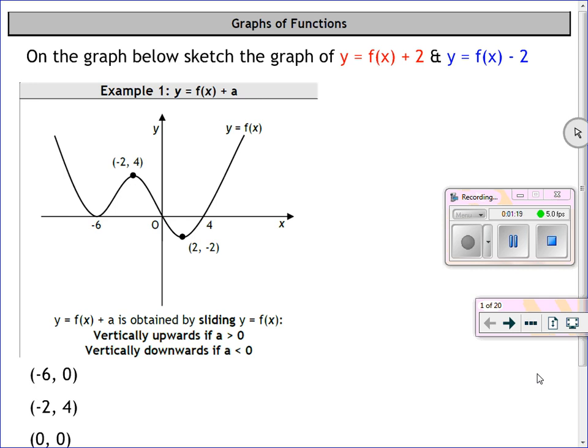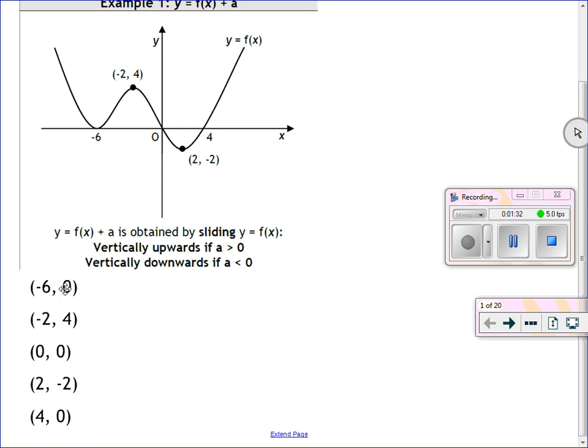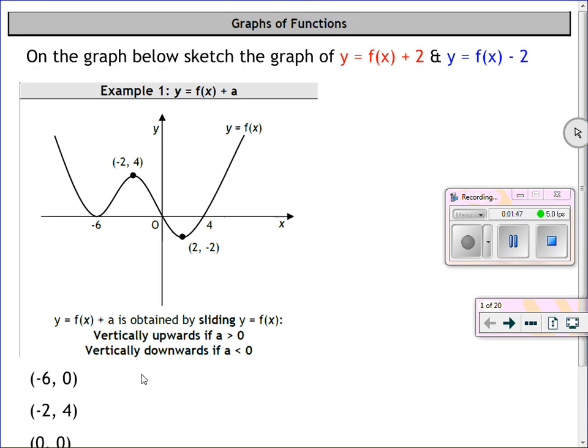When we sketch transformations of functions, the best thing to do is to write out the coordinates that you're given first of all. So here we have minus 6, 0, minus 2, 4, 0, 0, 2, minus 2, and 4, 0. I also find it's best to list the coordinates and then identify what those coordinates will look like whenever we transform them.